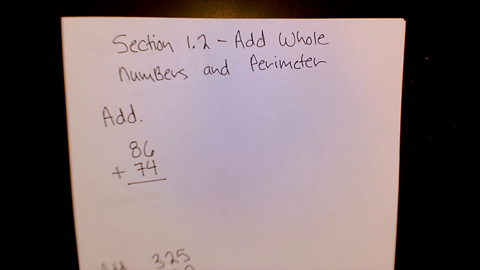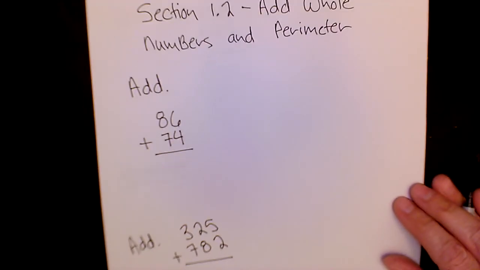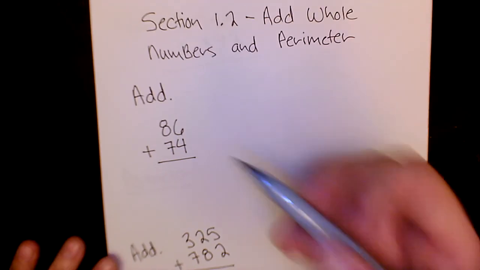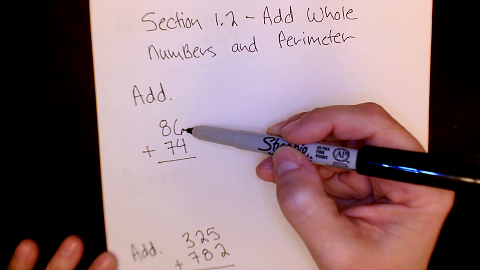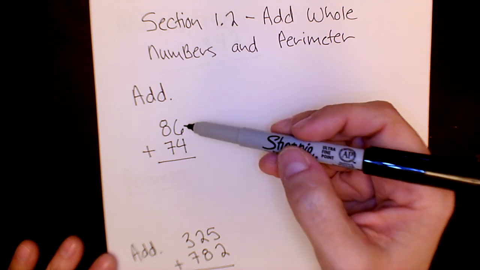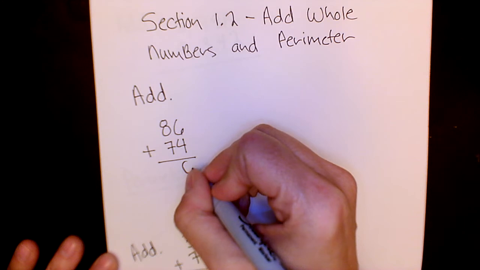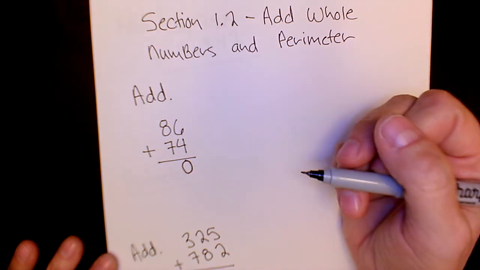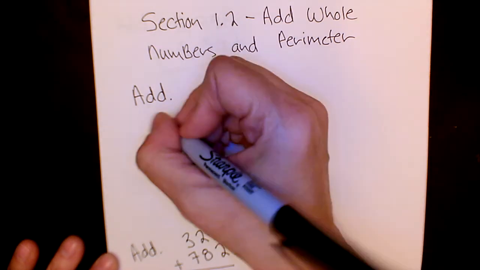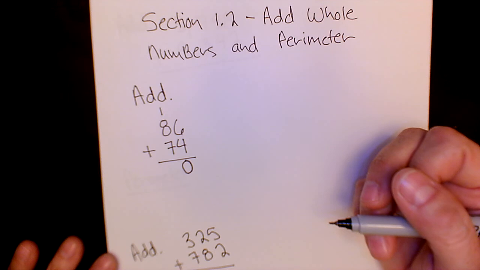So we're going to add 86 and 74. We're just going to add down vertically. So 6 and 4 is 10. Remember, we put the 0 for the 10 and we carry the 1.